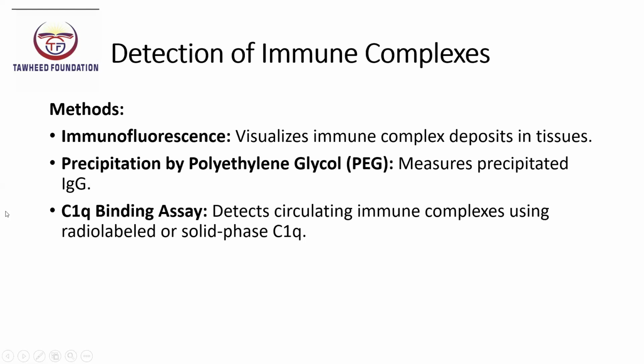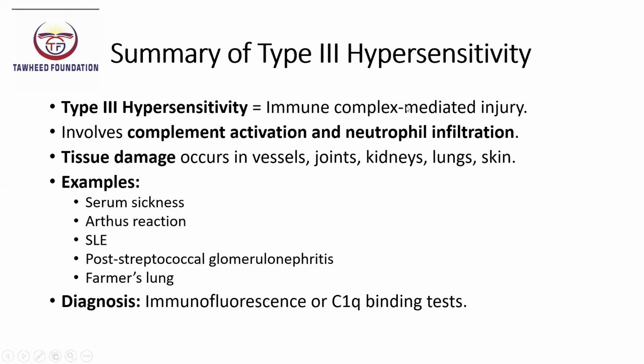C1q binding assays detect circulating immune complexes, either using radio-labeled C1q or solid phase C1q. This test helps determine the presence and quantity of immune complexes, assisting in the diagnosis of type 3 hypersensitivity mediated diseases.